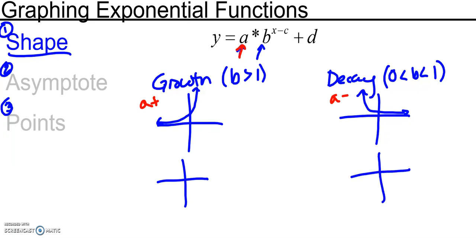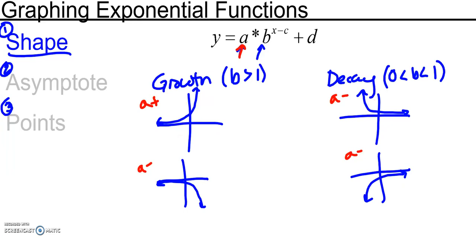If I change my leading coefficient to a negative, we know that a negative leading coefficient reflects it upside down. So my graph for growth would go like that. That's a reflected growth. Or I could have a reflected decay that goes like that. I'm just taking my original graph and flipping it upside down, reflecting it over the x-axis.